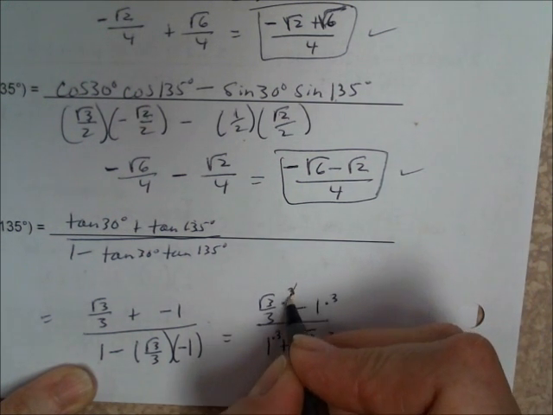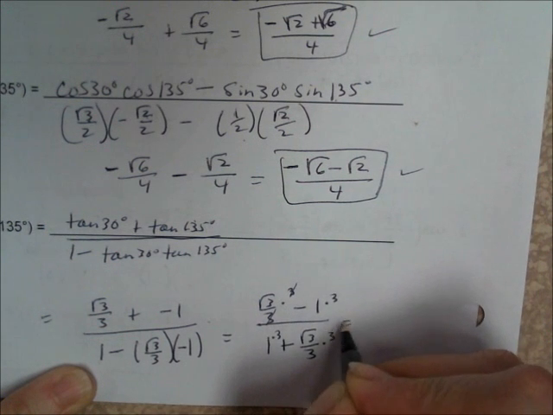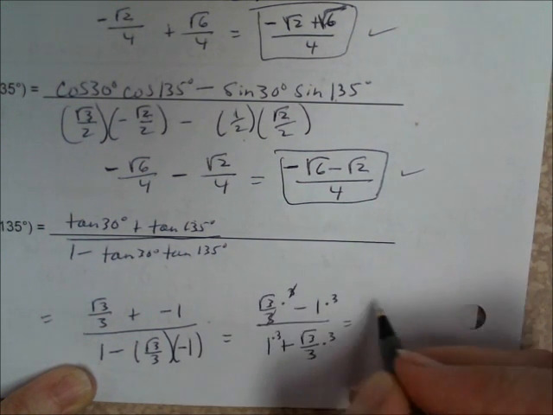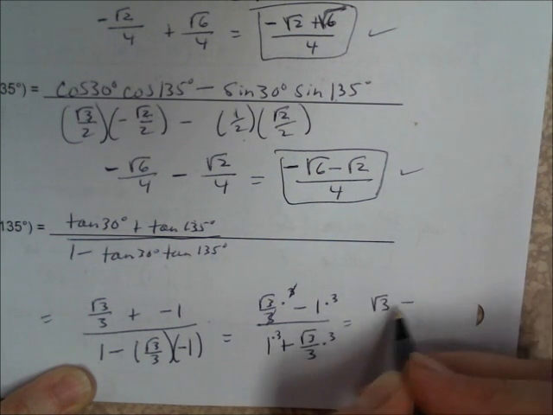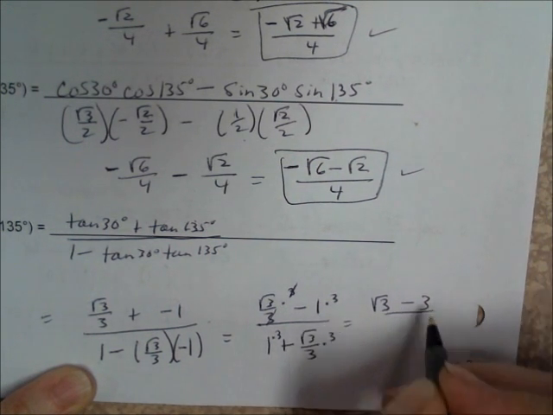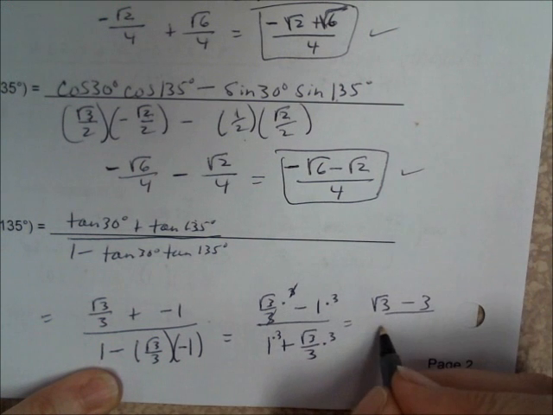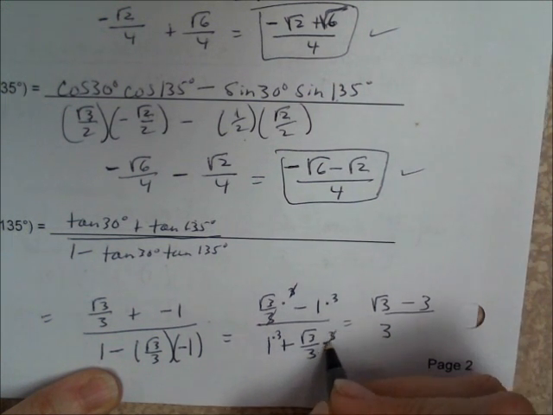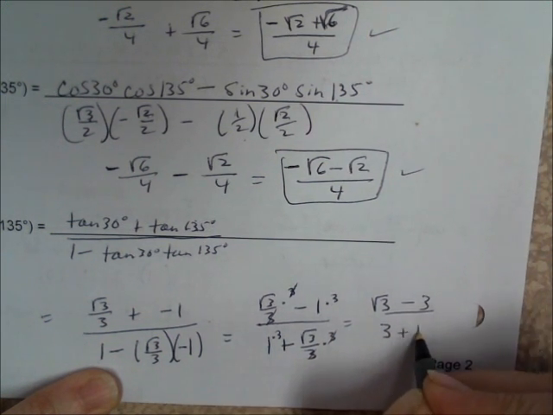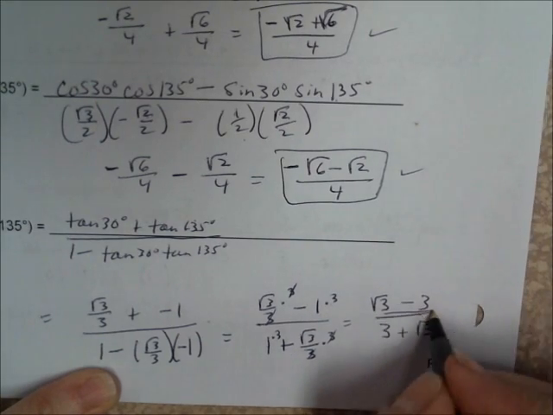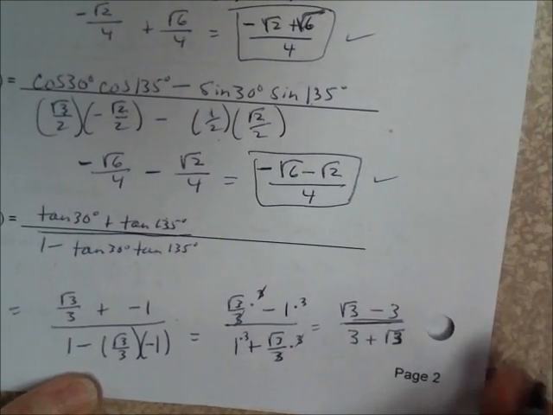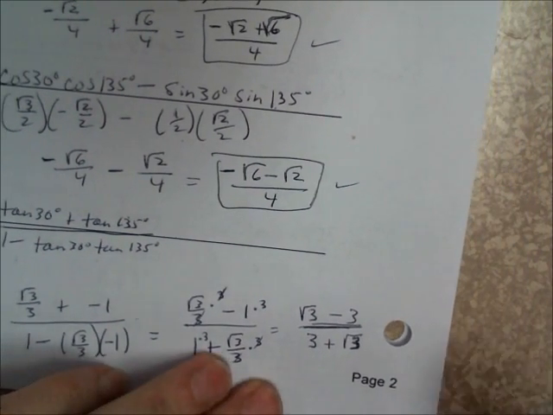That cancels out the denominator, and it becomes the square root of 3 minus 3 on top, and in the denominator, 3 plus the square root of 3. And we really should rationalize the denominator by multiplying the top and bottom by 3 minus the square root of 3.